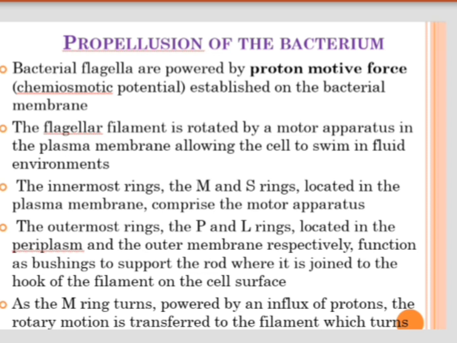The P ring is located in the periplasm and the L ring is located in the outer membrane, and they act as bushings that support the hook and the filament. When the M ring rotates, the motion is transferred to the filament, which propels the bacteria in the fluid medium.